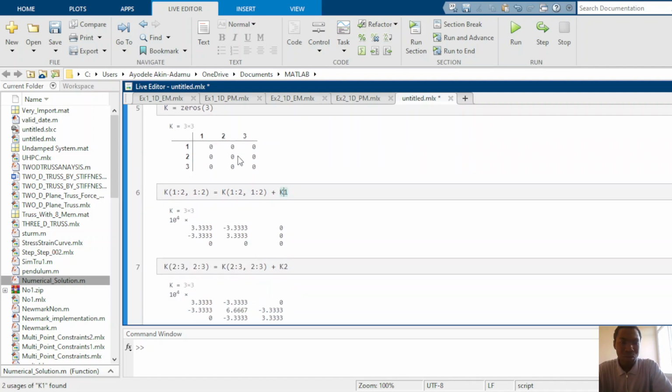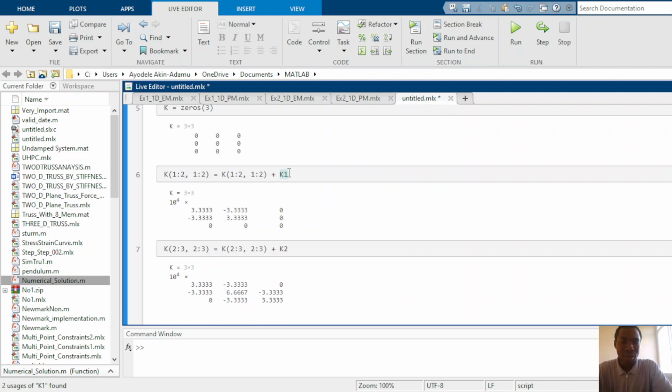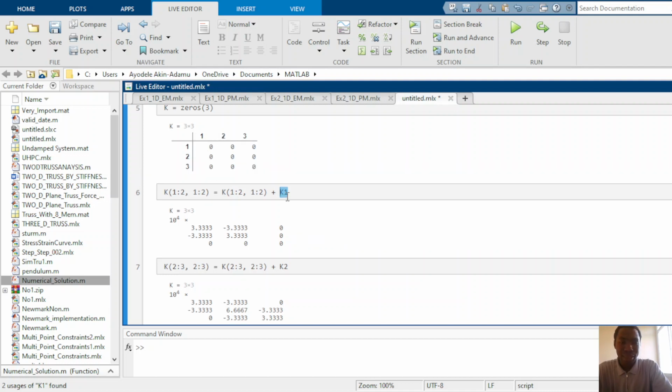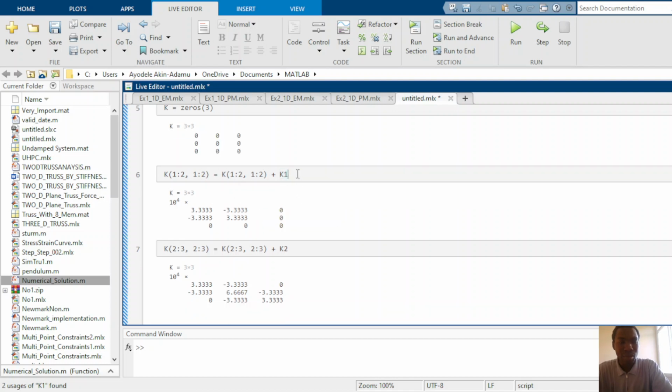Now we need to add the local stiffness matrix to our zero global stiffness matrix. K1 is the local stiffness matrix of element 1, and element 1 is located between node 1 and node 2. So we need to add this local stiffness matrix at this position in the zero global stiffness matrix, and this Matlab line of code does that.